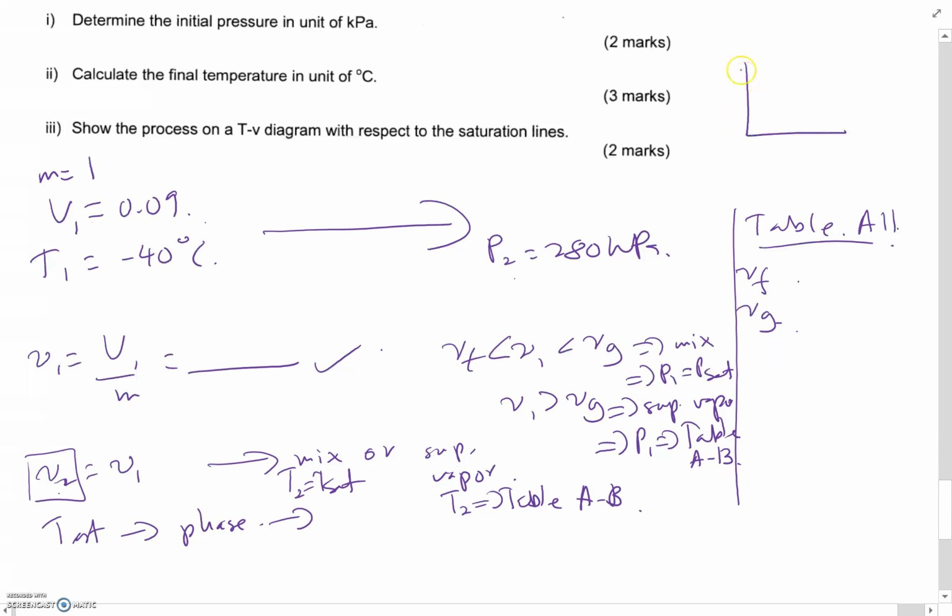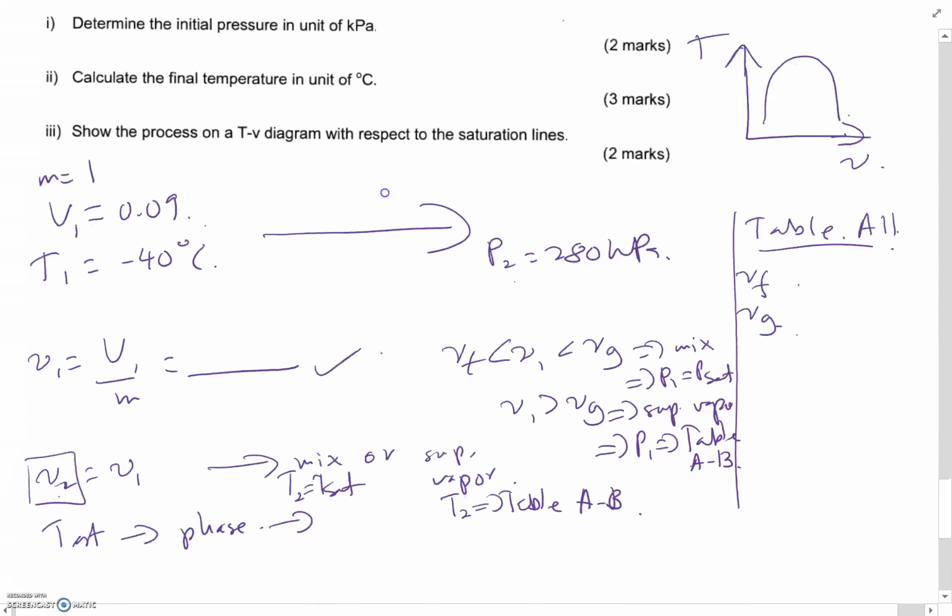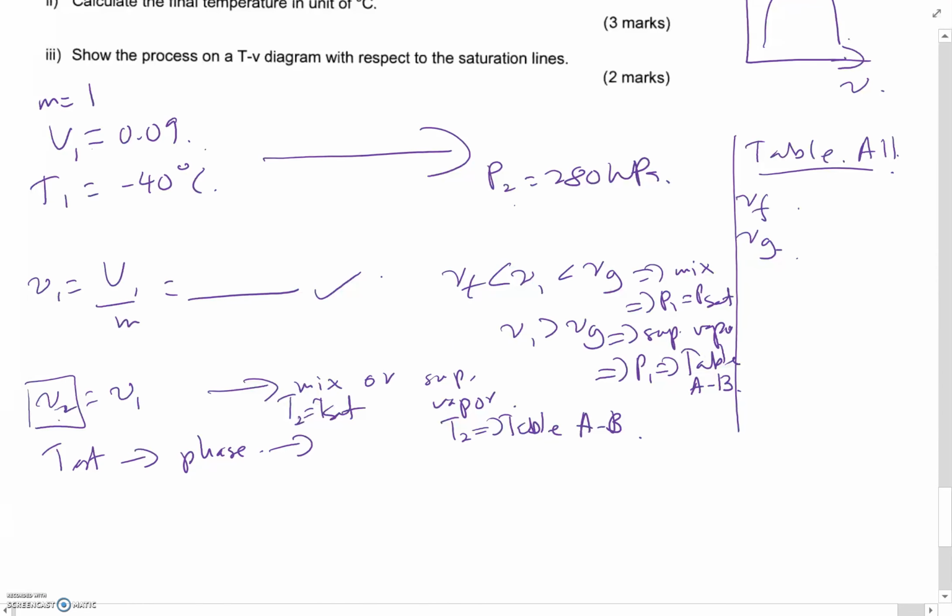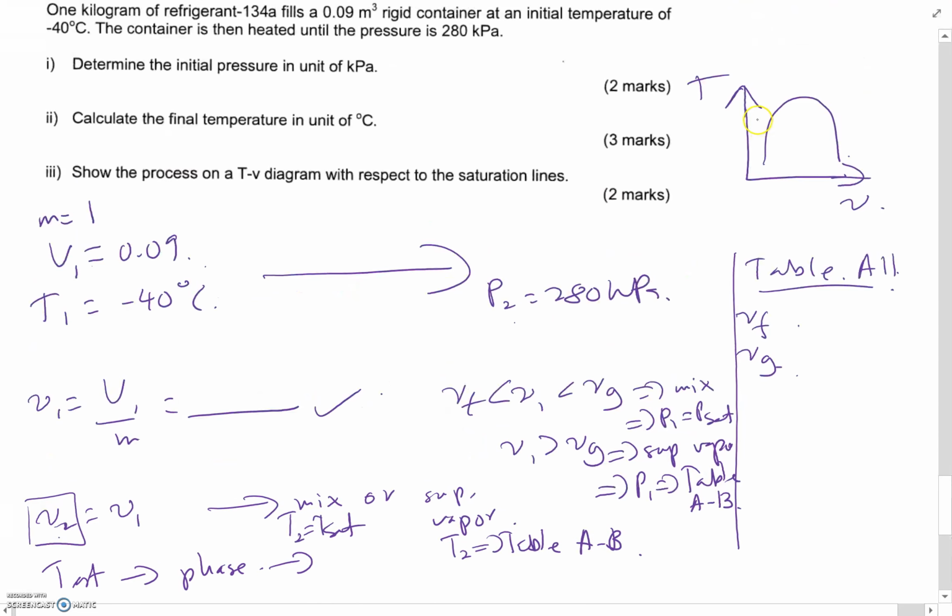Show the process on a T-v diagram. T versus specific volume here. We have two different pressures, so you have two lines, and it must be completely labeled.